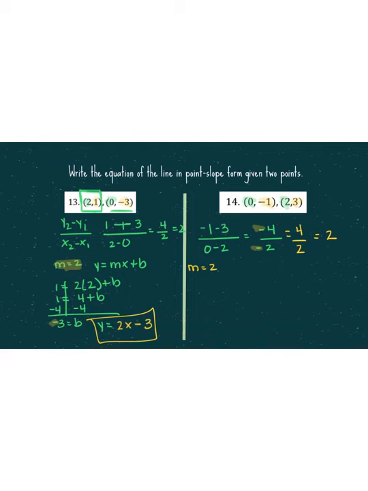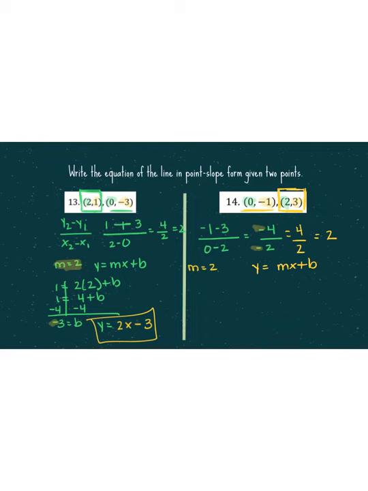Okay, now we need it in y equals mx plus b. So I'm going to look at both my sets. I can use this one or that one. Remember, I don't like to work with negative numbers, so I'm going to choose the one that does not have negative numbers.